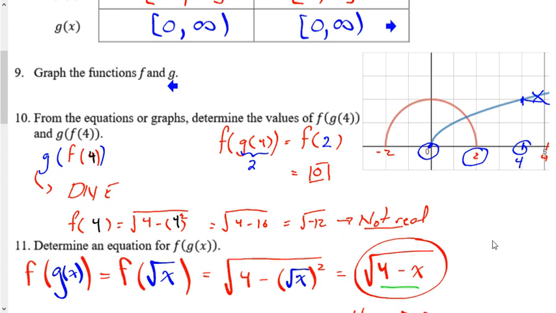Okay, so we can see between 0 and 4, my g of x function gives me y values that are acceptable input into this f of x function. That's a challenging idea, so you may need to pause the video, replay this a few times, and think that through.